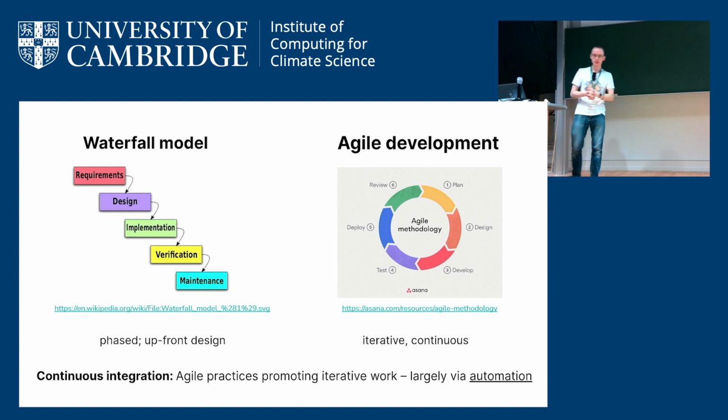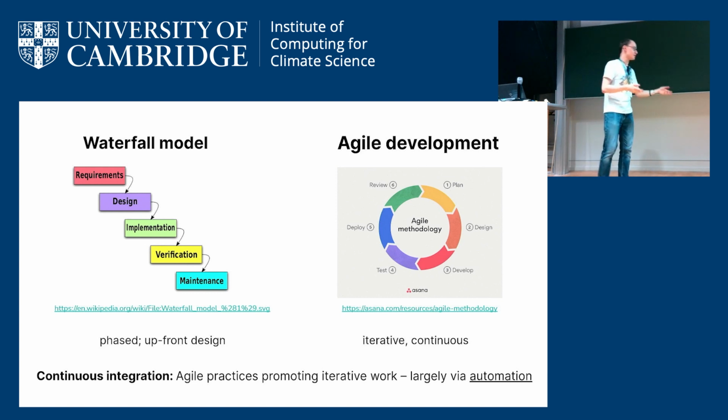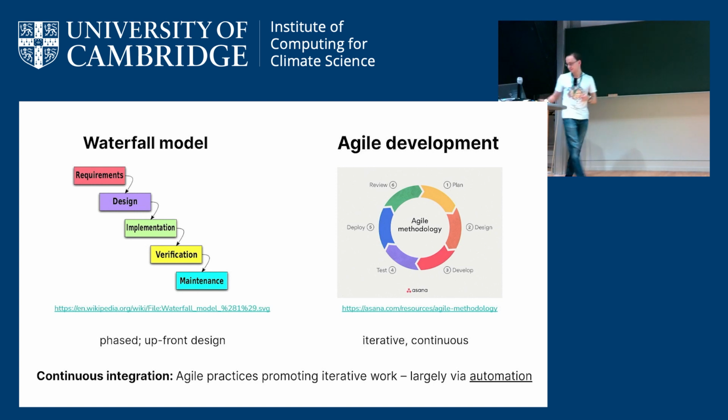It's the automation side of CI that makes it convenient. Because the point of a methodology is for you to be able to develop useful software quickly. And agile development makes things a lot more iterative and flexible. Continuous integration lets you do automation, which makes things much more convenient.